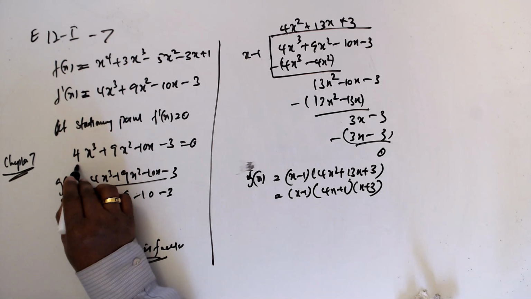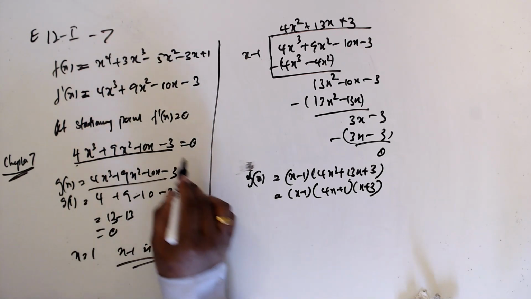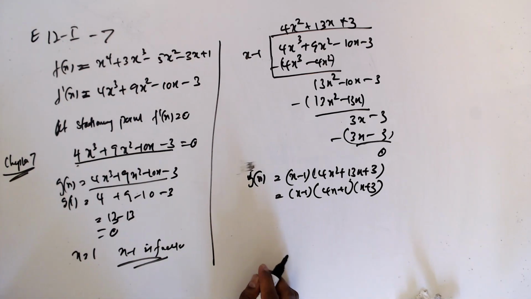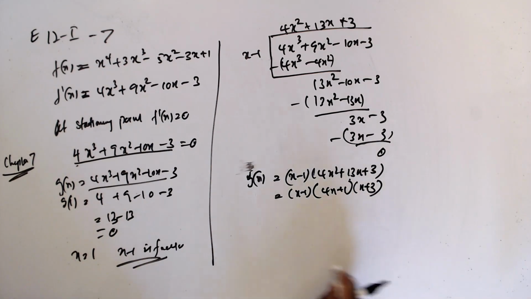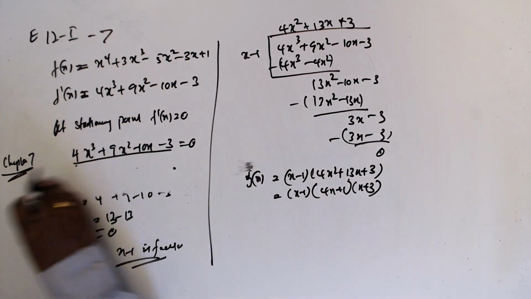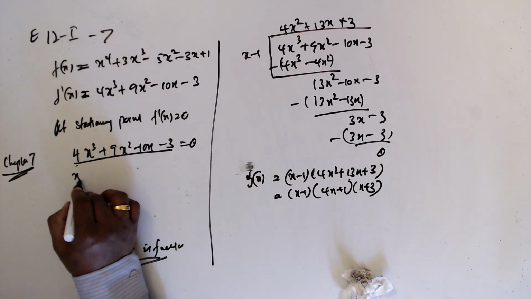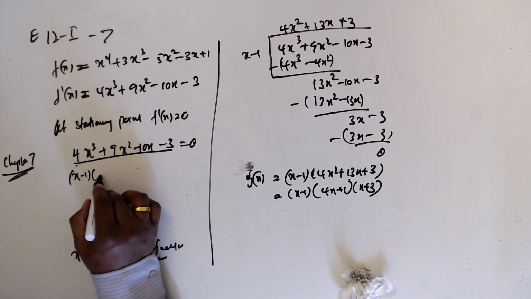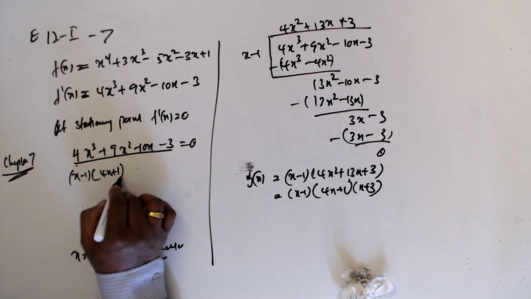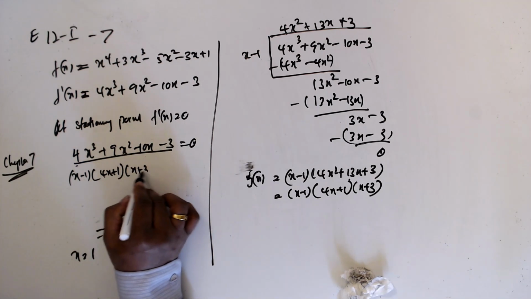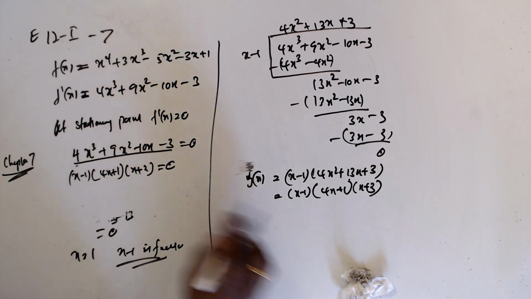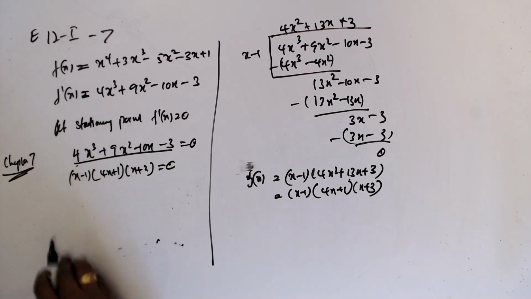Now we factorize this one. So the factorization is x minus 1, 4x plus 1 and x plus 3 equals 0. Now we'll go from that point onward.